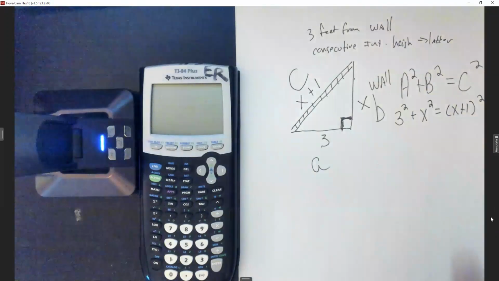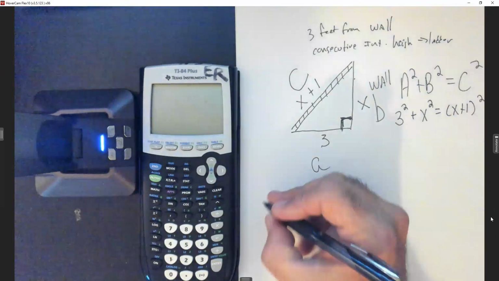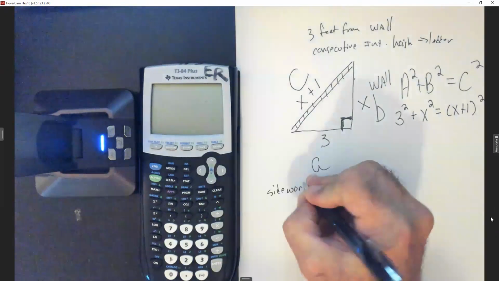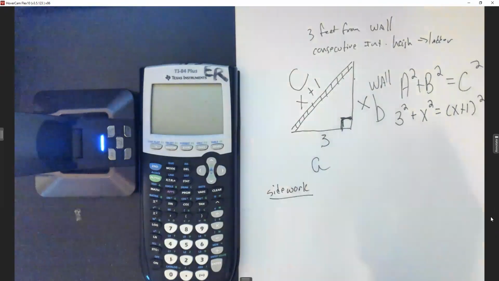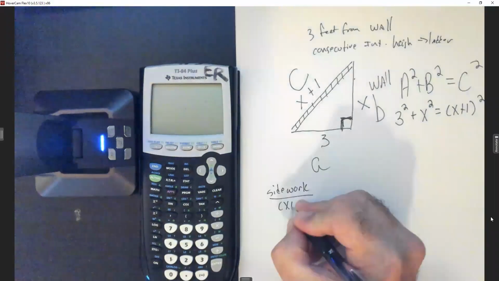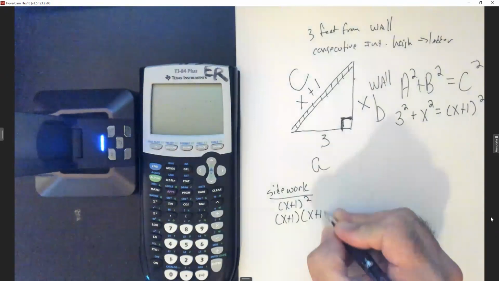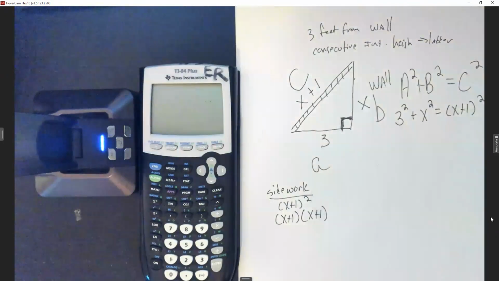So I'm going to do some side work so we can figure this part out. So that is an x plus 1 squared. That's going to be an x plus 1 times x plus 1. So we're going to FOIL this again.